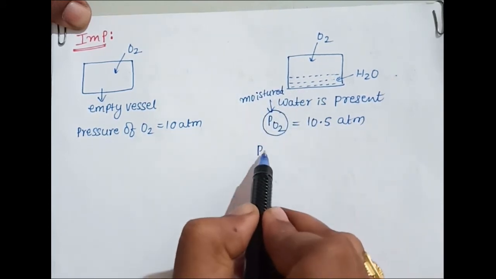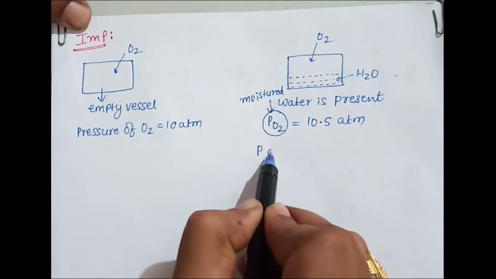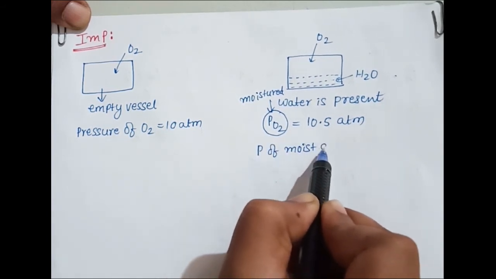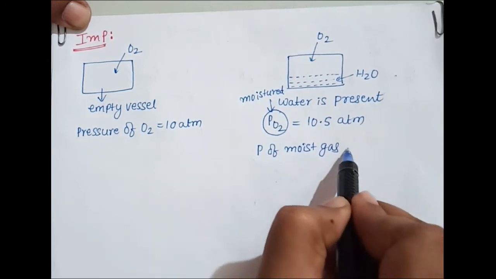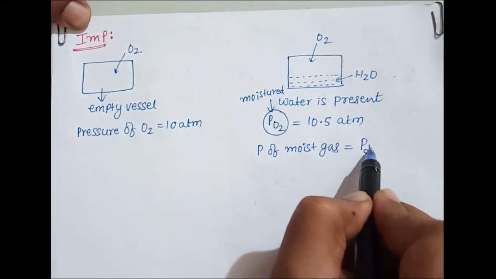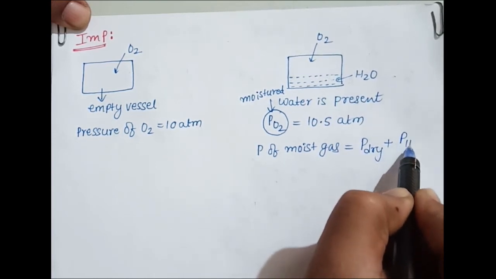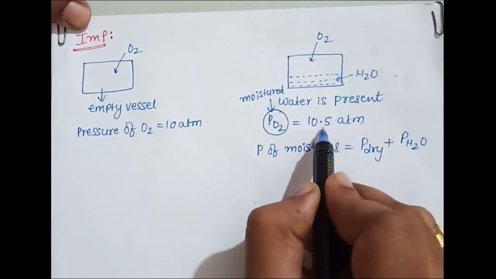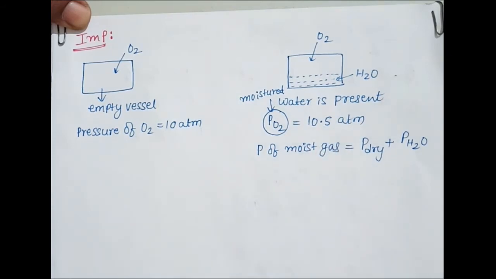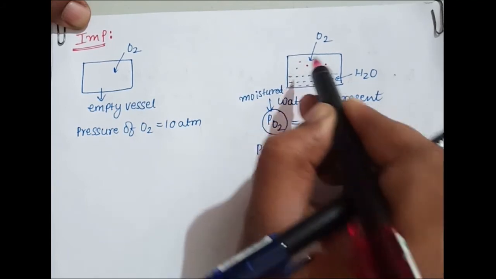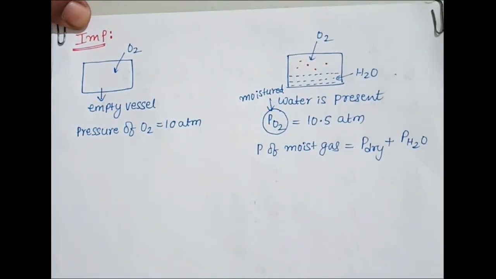So here the pressure of moist gas is equal to pressure of dry gas plus pressure of water, because here the extra 0.5 pressure appears because some water is also forming water vapor, a small amount of water vapor is created, so that also creates pressure.